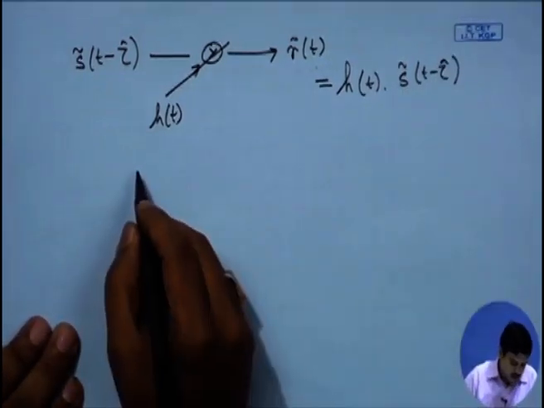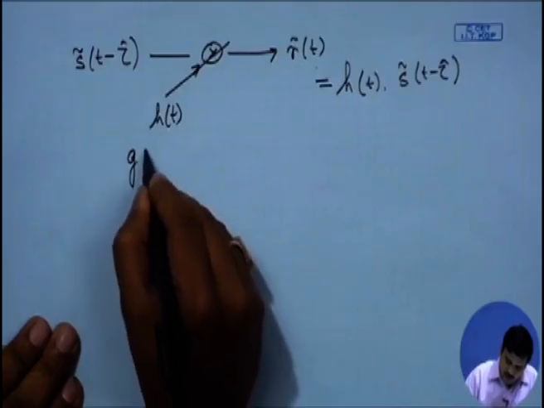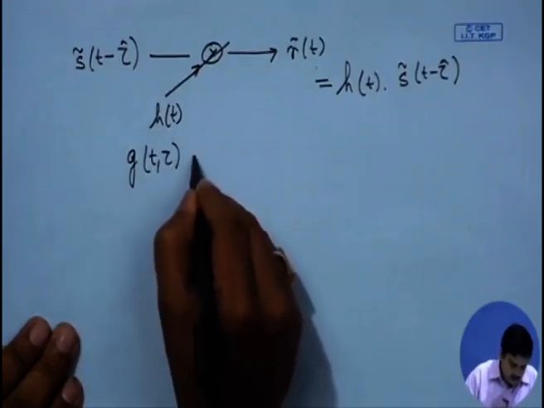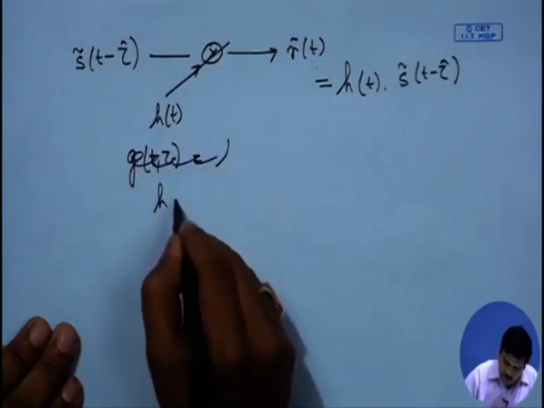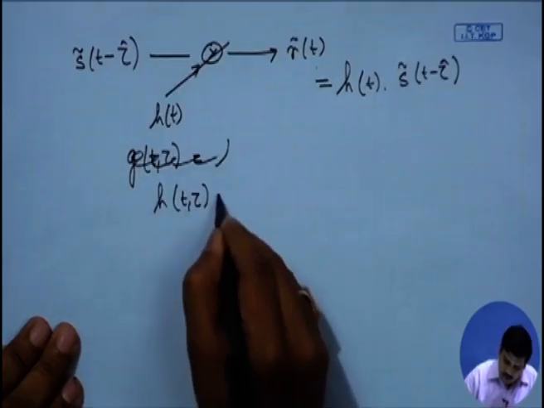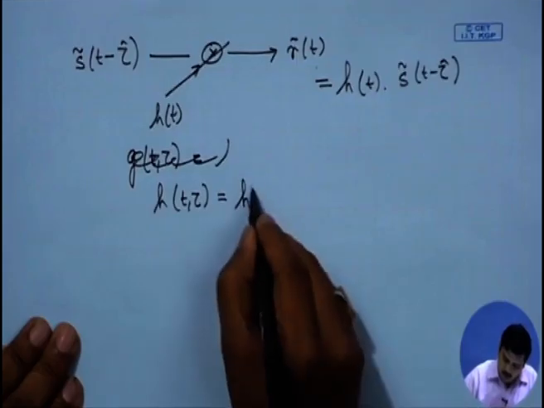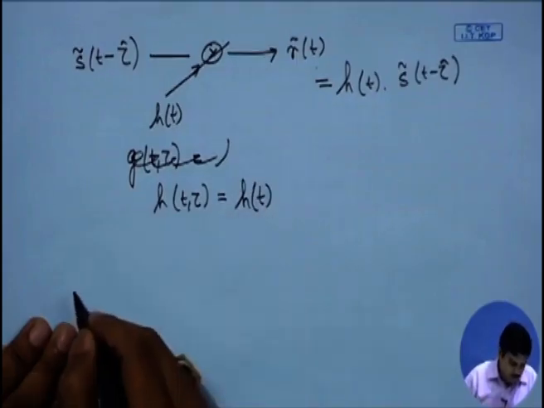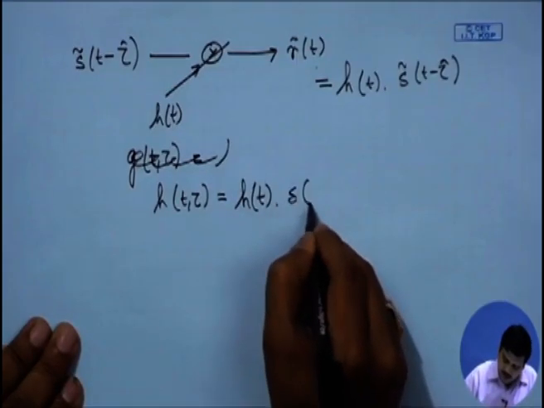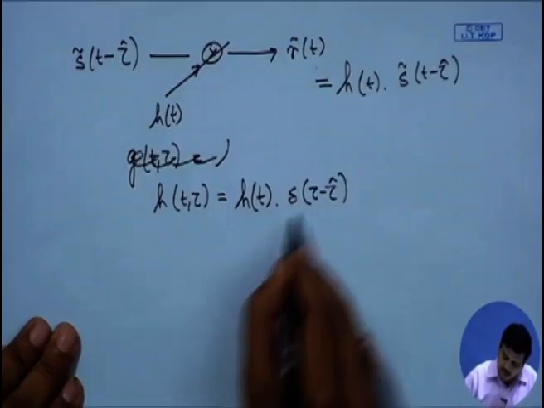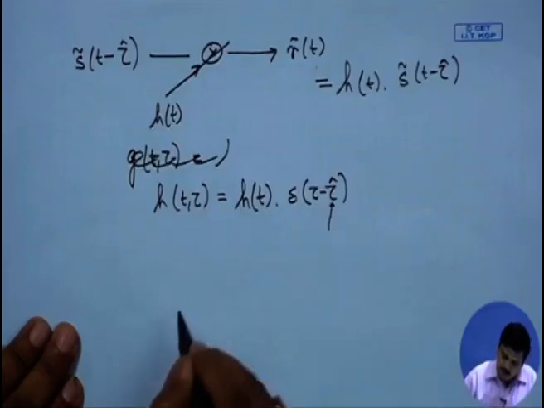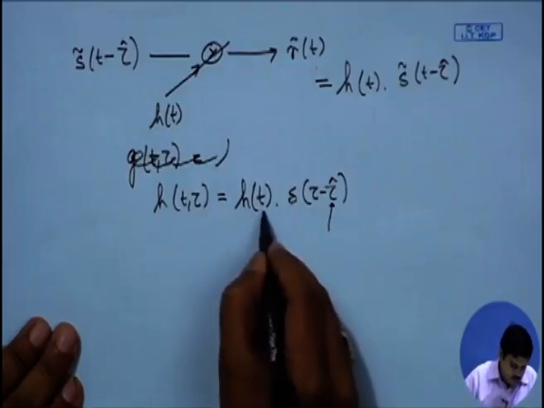Now, this is because we have h of t comma tau is equal to h of t multiplied by delta tau minus tau cap. That means, there is a propagation delay corresponding to tau cap and there is a coefficient.